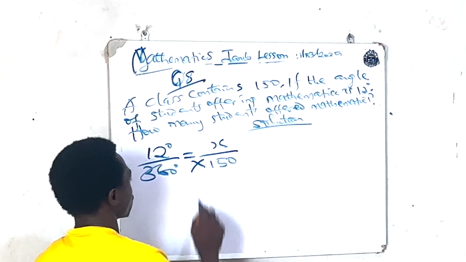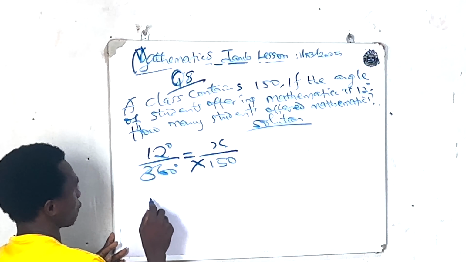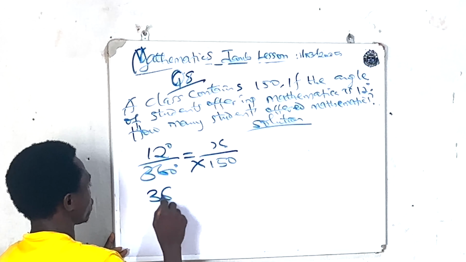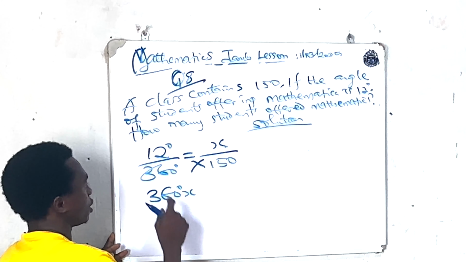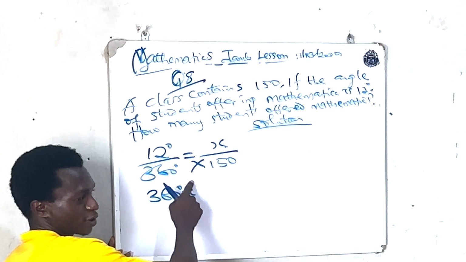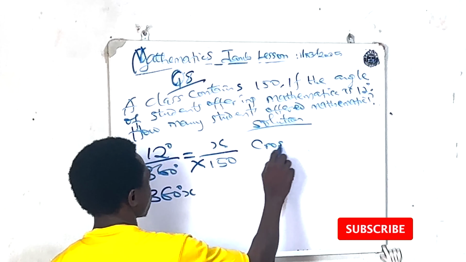When you cross multiply, I'm going to have 360x, because 360 degrees times x, that is how you cross multiply.